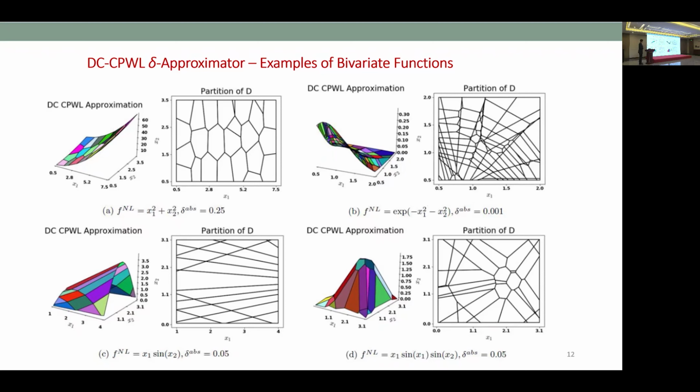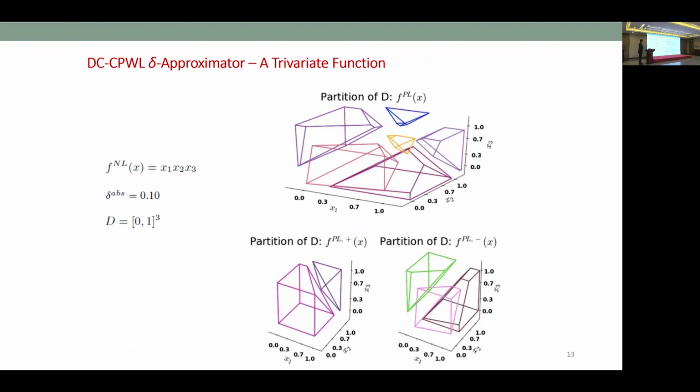And this is a three-variable function. Here the domain is in a 3D space. For this function, if you have this approximation error, then you would partition the domain into these subregions.